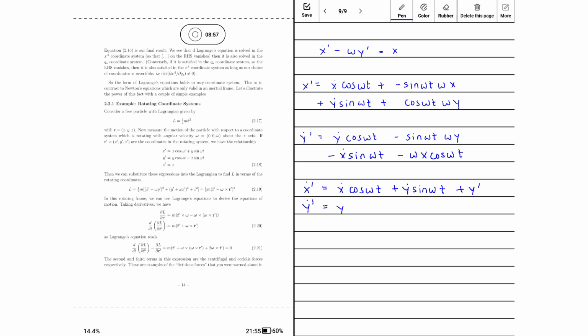This becomes y dot cos omega t minus x dash omega, sorry I missed omega here, minus x dash omega.